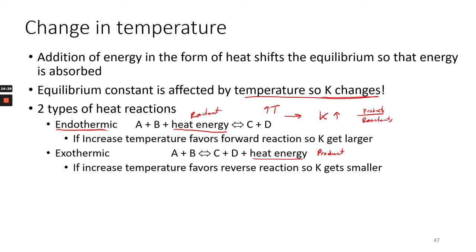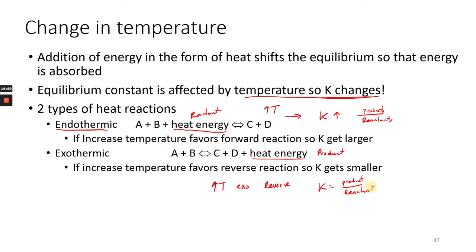For an exothermic, if I raise the temperature, I now increase my heat energy, and it's too high. So it will need to move away from the high side to the lower side. So it will shift to the reverse. So by increasing my temperature for exo, it will go in the reverse. Again, remember K is related to your products over your reactants.